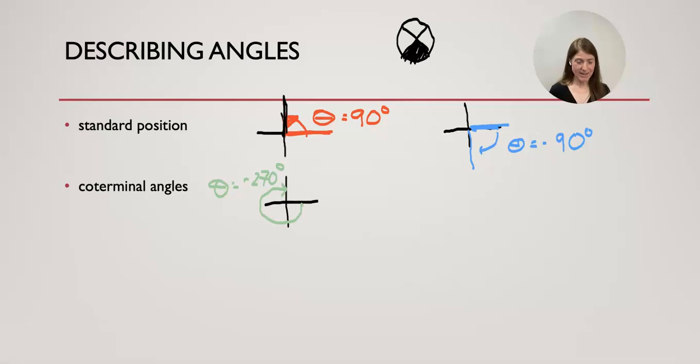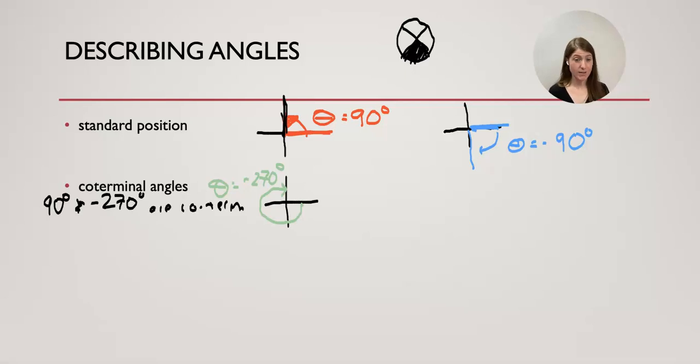So what we're going to say is that 90 degrees and negative 270 degrees are coterminal. We'll abbreviate a little bit here, but they are coterminal angles, right, because they end up at the same position.